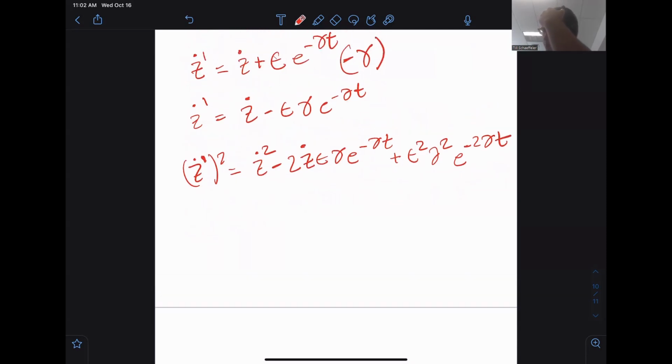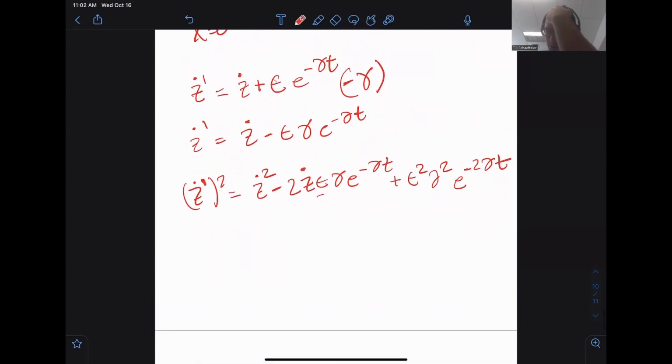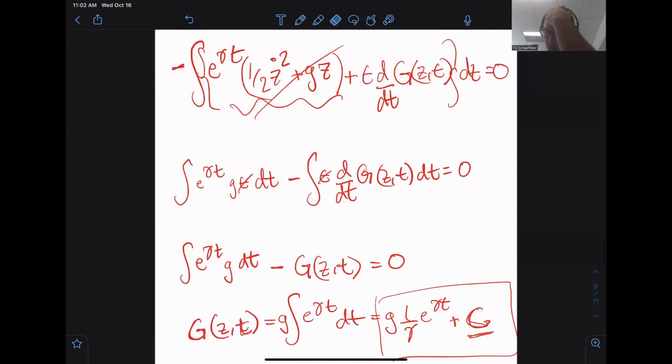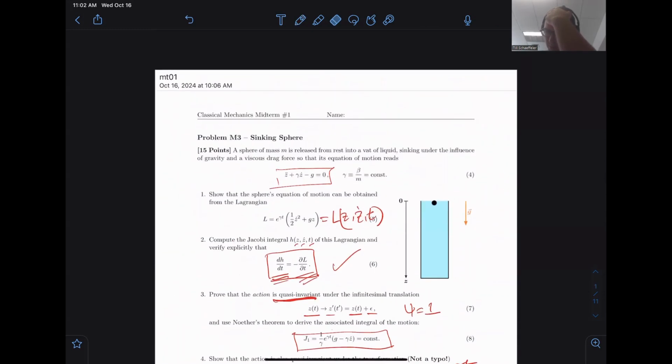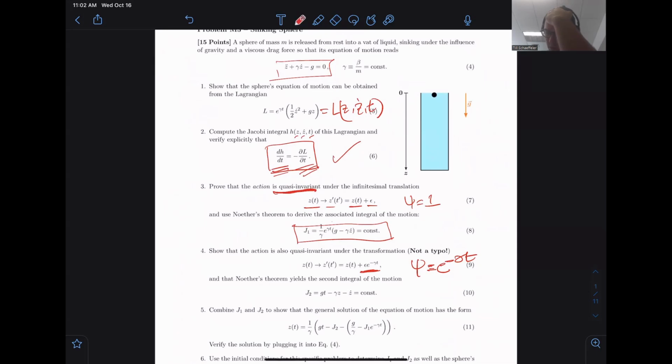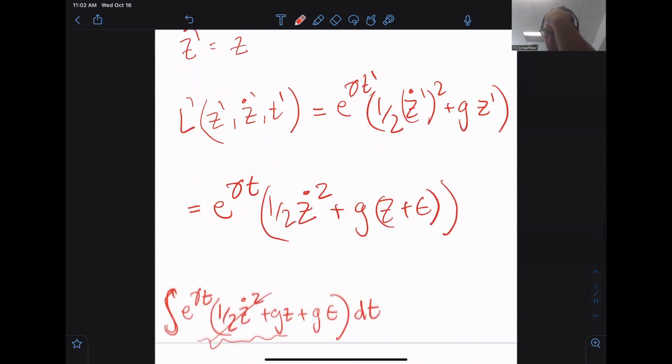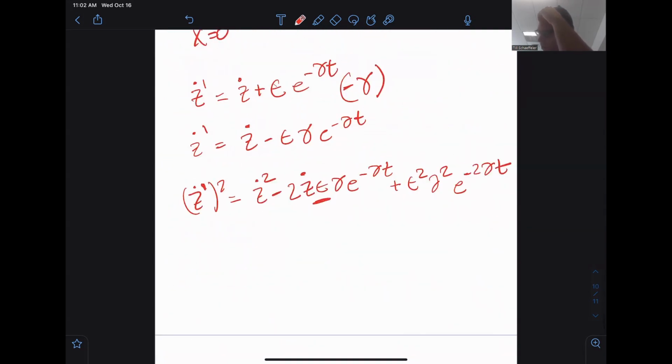What I'm pretty sure you're supposed to do is this: epsilon is already an infinitesimal small translation, and if you have something that's really small and you square it, you get something that's even smaller.